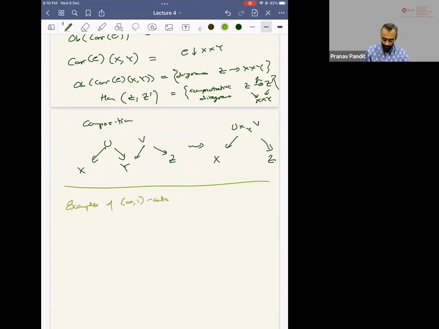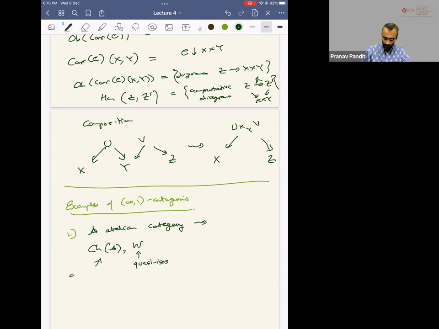Now I'm going to give you some examples coming from geometry and physics. We saw that anytime you have a category with weak equivalences, you can localize and get an infinity 1 category. So if A is an abelian category, then you can form chain complexes of A with quasi-isomorphisms.